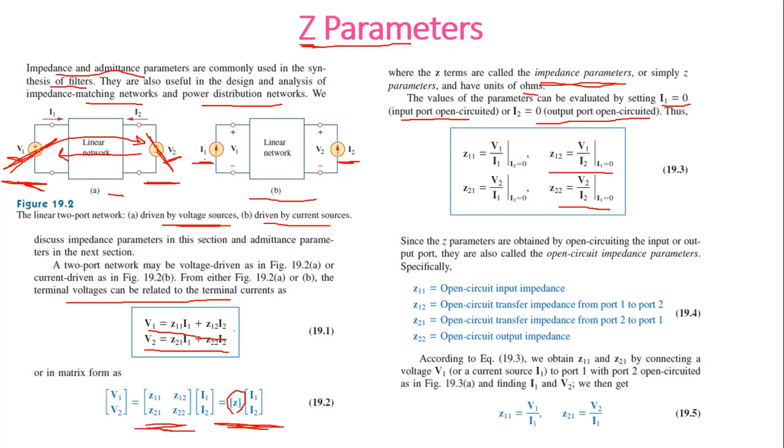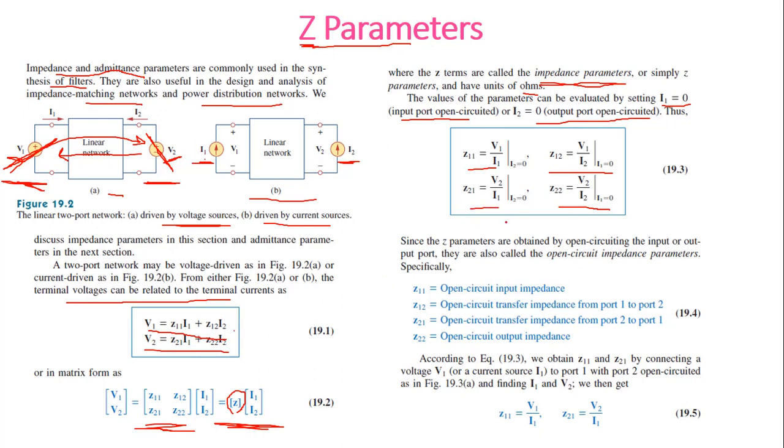This is the input port and this is the output port. Similarly, we make I2 equal to 0, which means we are disconnecting source V2, keeping V1. In that case I2 will be equal to 0. Substituting it here, if I2 is equal to 0, then Z11 will be V1 by I1, as given here. And in the second equation, if I2 is equal to 0, Z21 will be equal to V2 by I1.